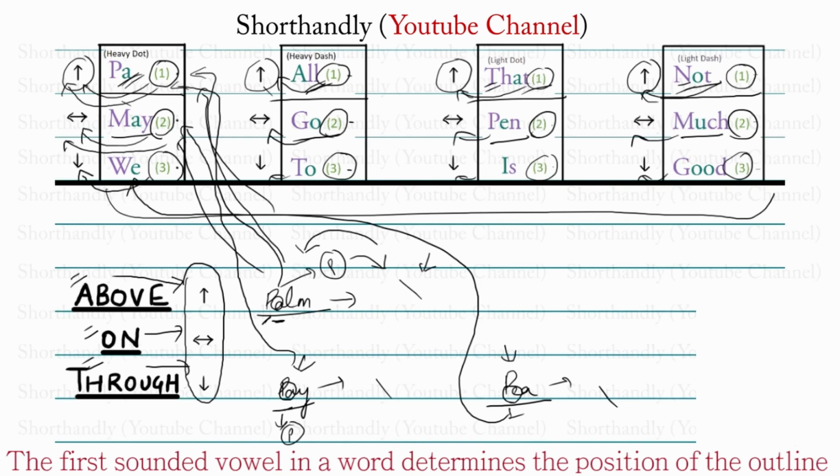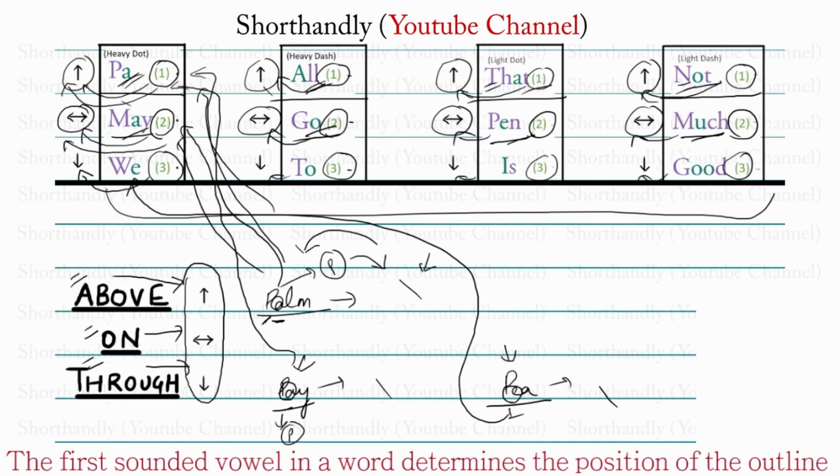In the same way, all the vowels on the second place like may, go, pen, and much are the second place vowels. If we have any word where the first vowel sound is a second place vowel, we will always make the first outline for that word on the line, as we can see the on the line symbol on all these second place vowels.